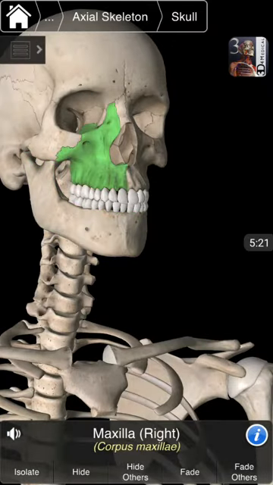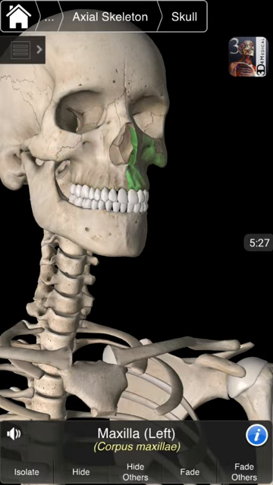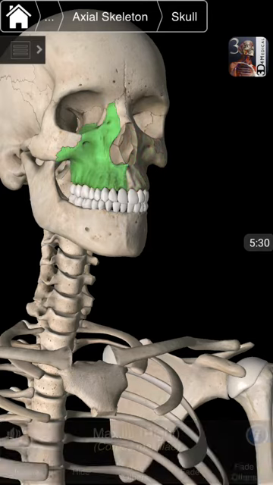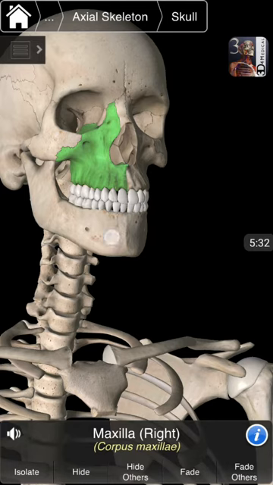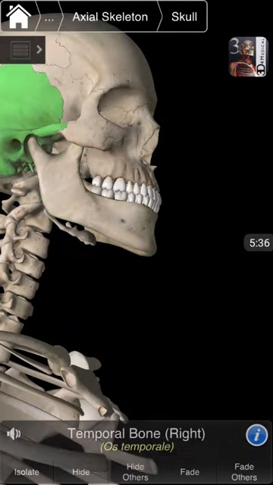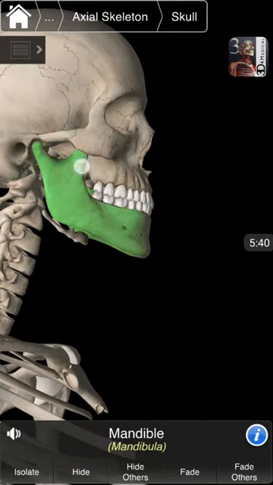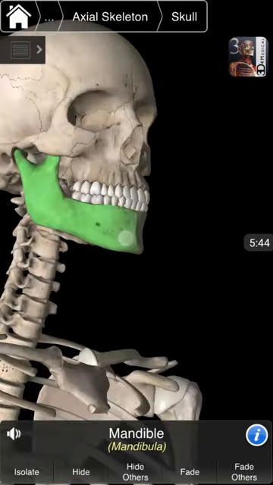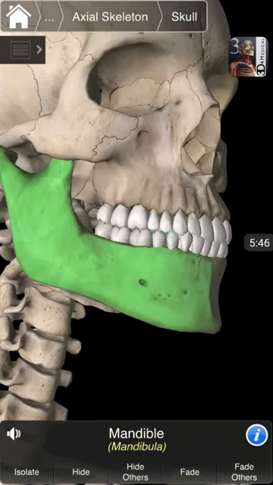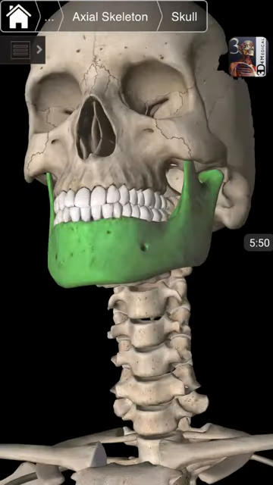Maxilla is fixed to the base of the skull, whereas mandible makes a joint with the inferior surface of the cranium at the TMJ, the temporomandibular joint. So the mandible is a very mobile bone.